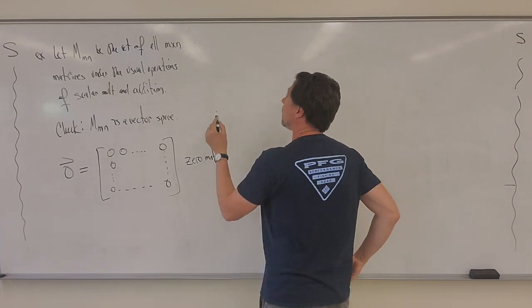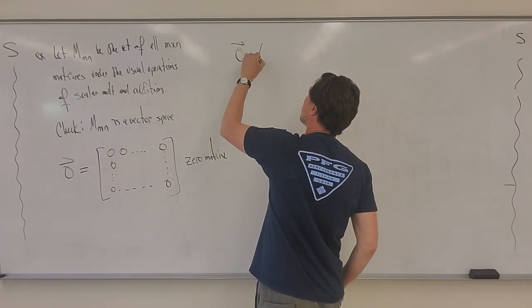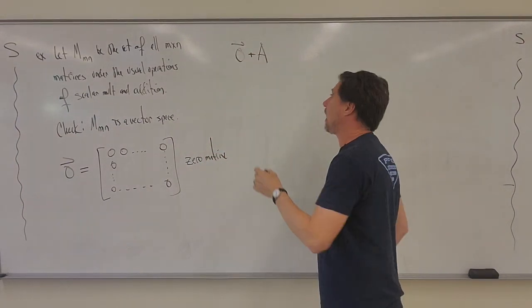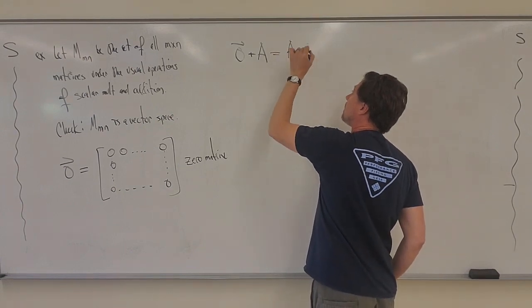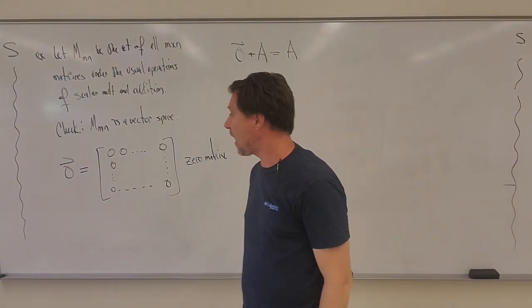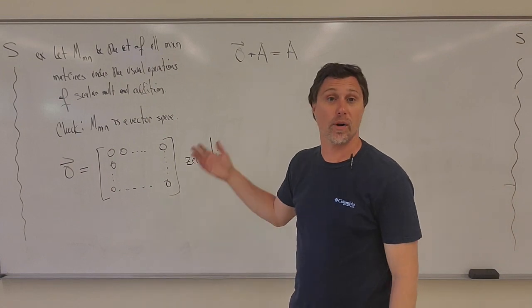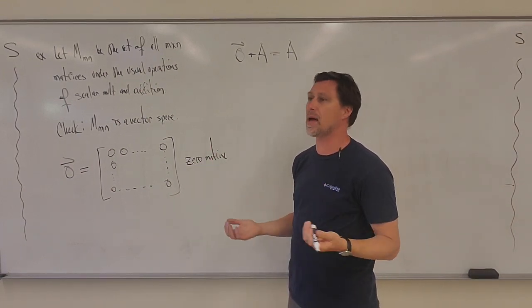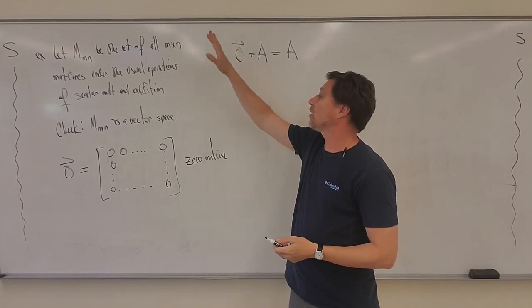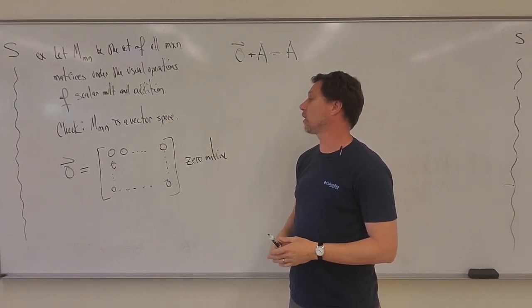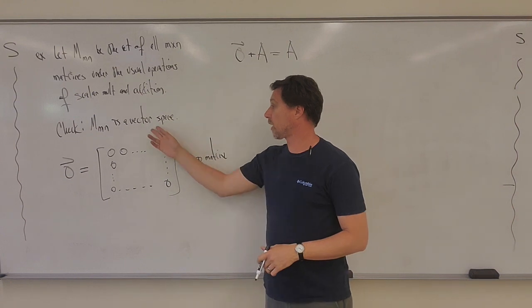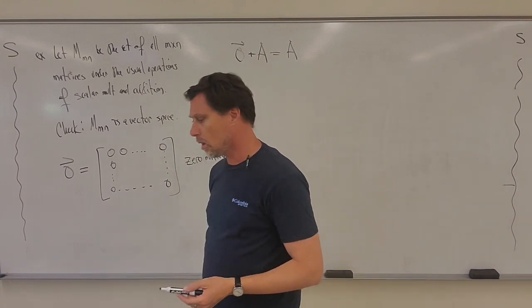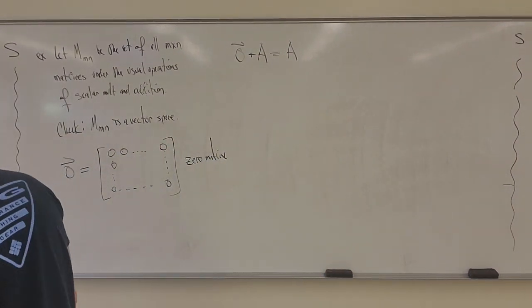And of course, if you do 0 plus the m by n matrix A, you're guaranteed to get the m by n matrix A. And you can work through the distributive properties. We've already seen that those hold. 1 times a matrix is going to be that matrix, and so on. So it's worthwhile to go through and actually check each of these formally. And it turns out then that we've got a vector space here. Next example.